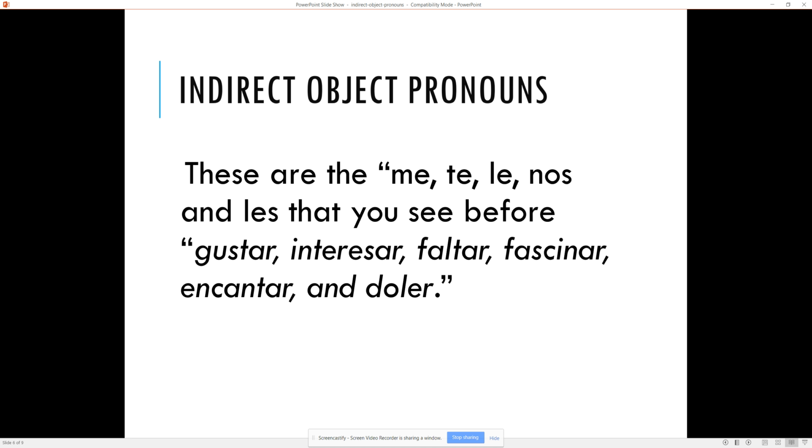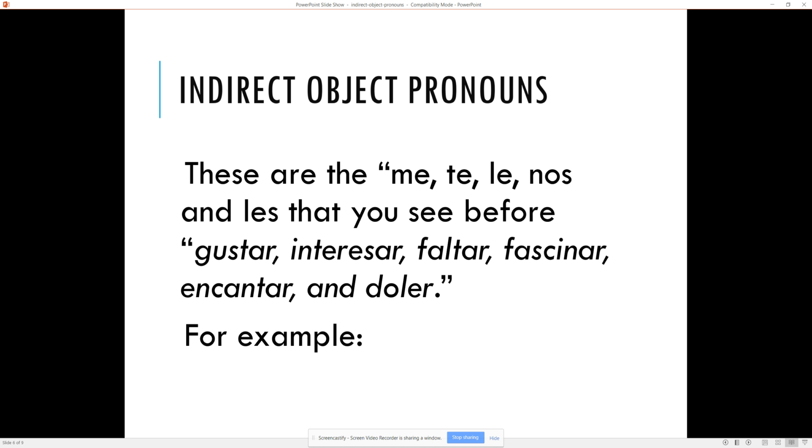And doler, which is an o to ue stem changing verb. They're going to see it in a moment.